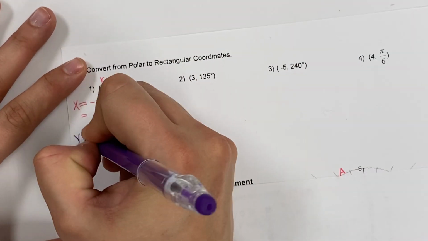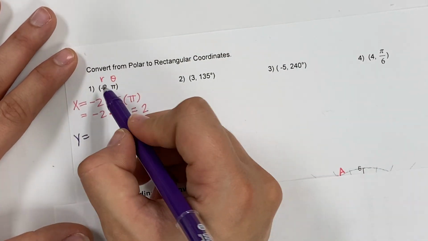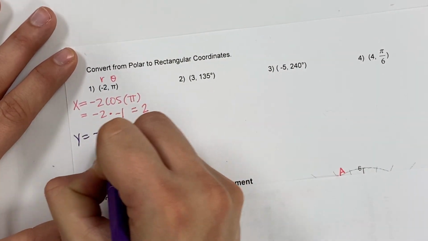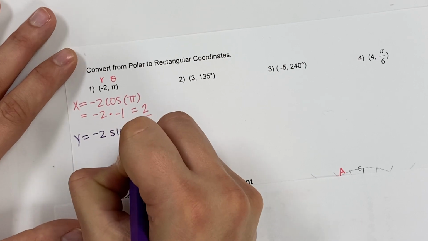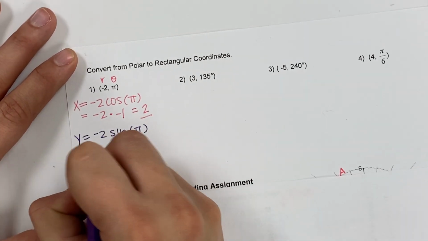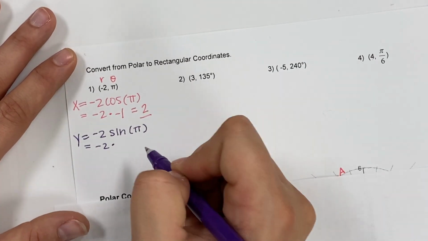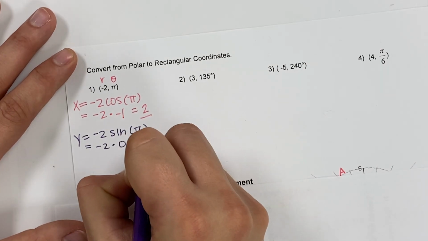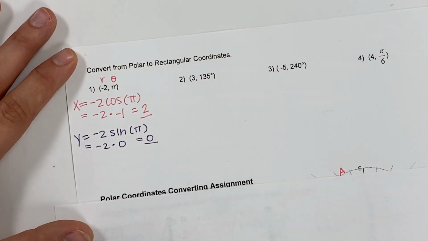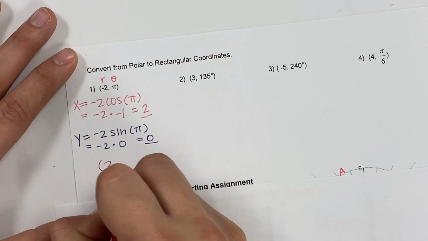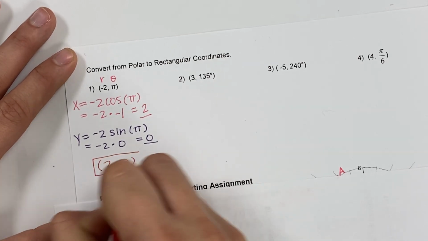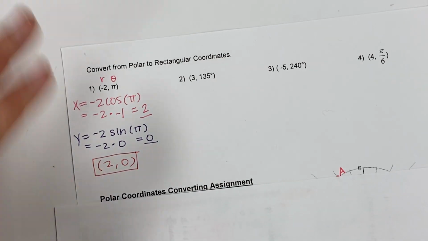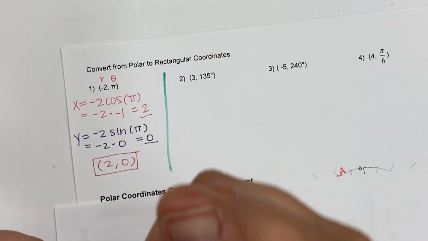For my y value, I'm doing r sine theta. So -2 sine theta. That's -2 times. The sine at pi is 0. -2 times 0 is 0. So my answer, 2, 0. Easy enough? I think so.